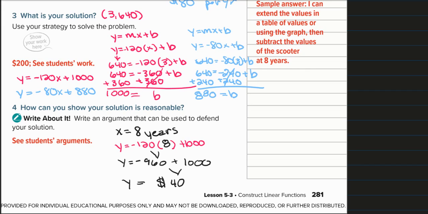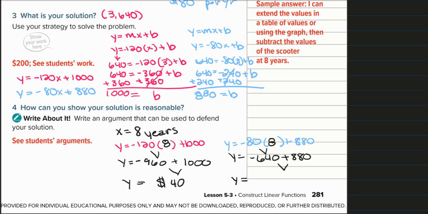Now let's look at the second one. So we have y equals negative 80 times x plus 880. So we're going to plug in that 8 for the x. We're going to have y equals negative 80 times 8, which should be negative 640, plus a positive 880. We want to find the difference.